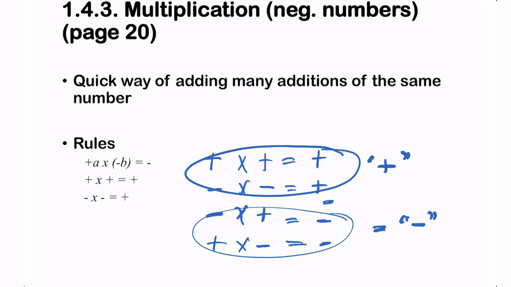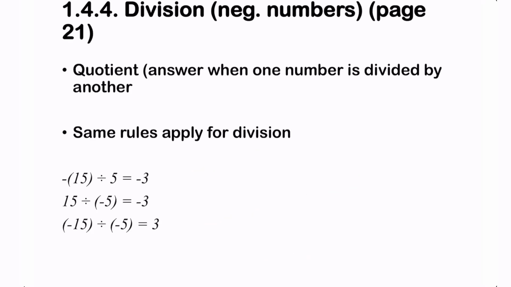Division: the same general rules apply to division. The quotient of a positive number and a negative number is a negative number, and the quotient of two negative numbers or two positive numbers is a positive number. A quotient is the answer when one number is divided by another. So 2 divided by 1 equals 2, or 4 divided by 2 equals 2, and that we call the quotient.